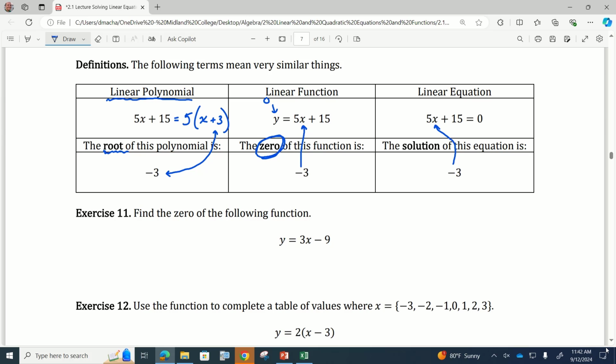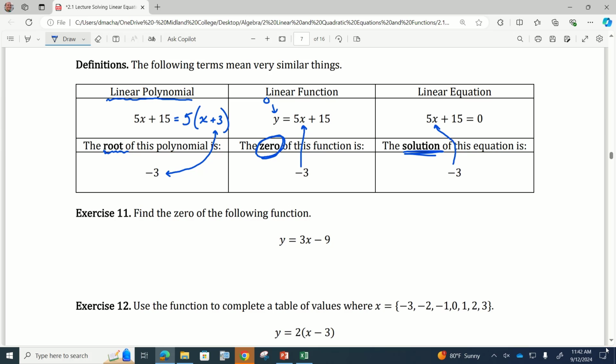The root of the polynomial is the 0 of the linear function based on that polynomial. And it's the solution to a linear equation based on that polynomial. So root, 0, solution. They all kind of mean the same things, but we talk about solutions of equations, we talk about zeros of functions, and we talk about roots of polynomials.